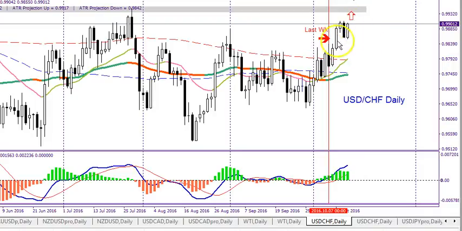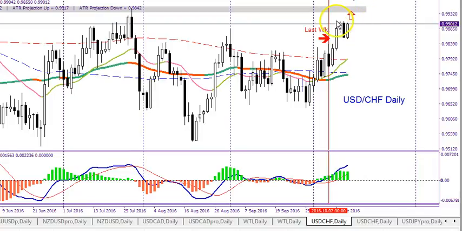Okay, so right now for this week, we are still in a buyer's market. Again, I'll repeat, buyer's market because the MACD is above the zero. We are in an uptrend. Price is above the 50 SMA. And so I expect price to go a little bit higher. Caution though, we are near resistance with this rectangle.